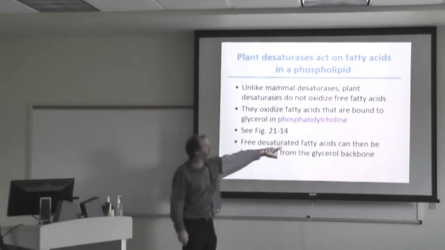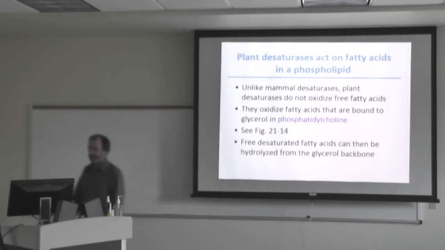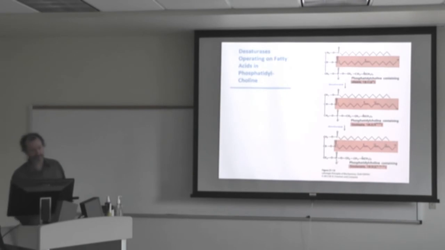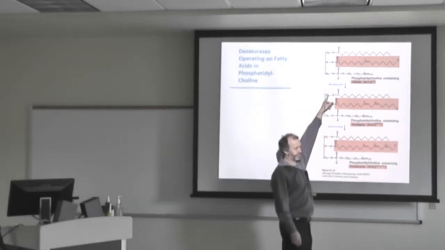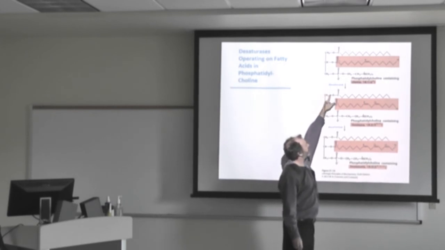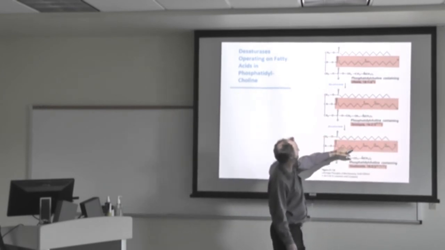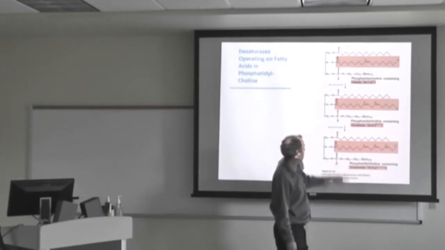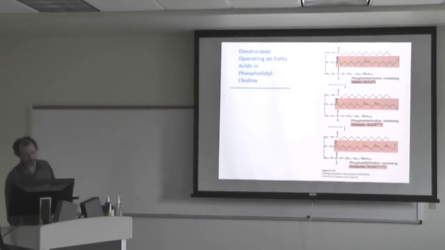The free desaturated fatty acids can then be hydrolyzed from the glycerol backbone. So here you have phosphatidylcholine, which is a phosphoglyceride. Desaturase can desaturate that multiple times, and then this can be cleaved out of that phospholipid.